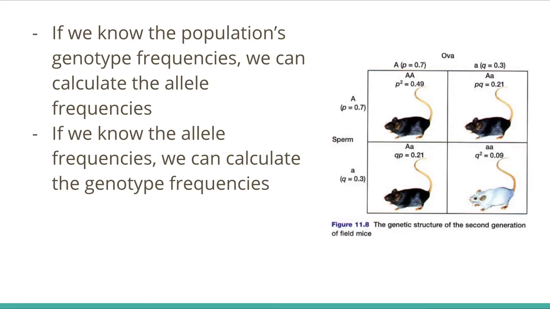But a lot of the time, if we know the gene frequency, we can use that to calculate what the genotype frequency is, at least if it's meeting a special condition we call Hardy-Weinberg equilibrium. If we know what the allele frequencies are, we can also calculate the genotype frequencies at Hardy-Weinberg equilibrium. So what I have here is a very simple Punnett square.